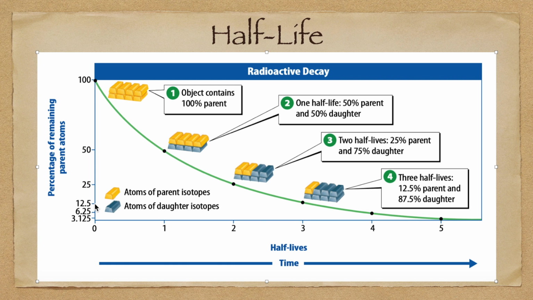If you went on, 6.25. After 5 half-lives, there is only 3.125% of the original material. That's 5 times 5,730. And then you could find out exactly how long it has been since that thing died.